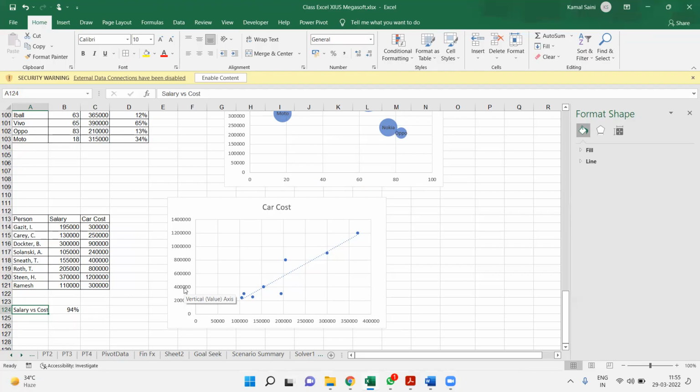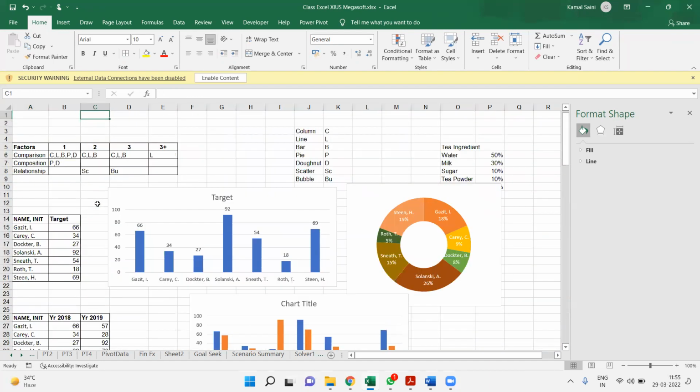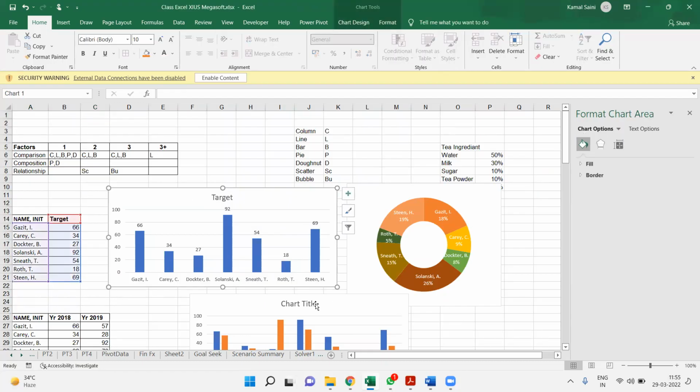So yes, these are a few charts which are done based on the kind of data that we basically handle. You can't make every chart a column chart, or every chart a pie or donut.